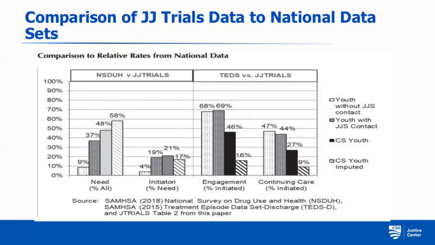It was actually President Nixon at that time, as part of his war on drugs, who began working on the National Household Survey as a way of looking at drug use in our society. And then TEDS is a data set that SAMHSA maintains that allows us to track discharge data for people who enter treatment. So again, we can get some estimates of how well the systems are functioning.